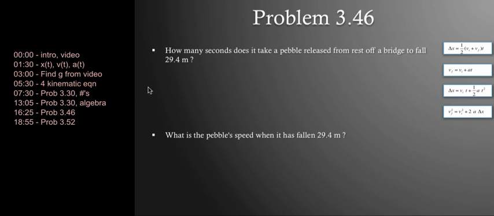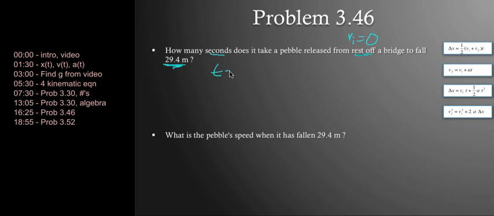Alright, so let's work another problem. Here, we're dropping a pebble off of a bridge. So here again we have dropping from rest. This is important because it tells us v initial equals 0. And now we're given the distance instead of the time that it took to fall. So how many seconds does it take?